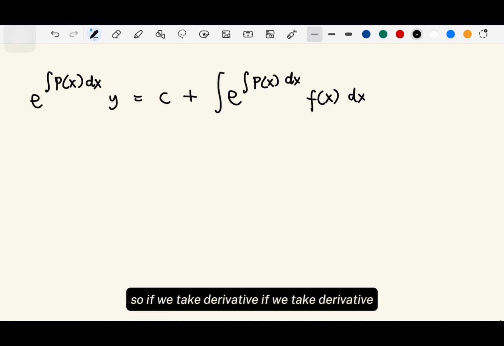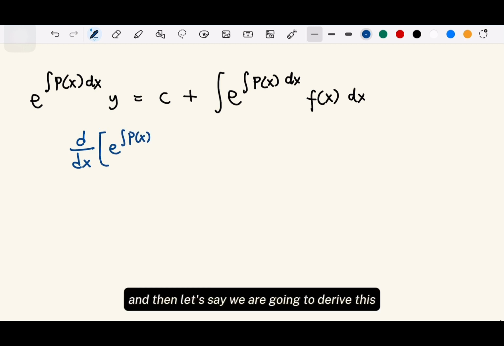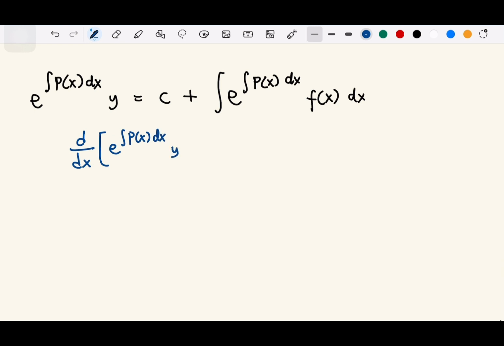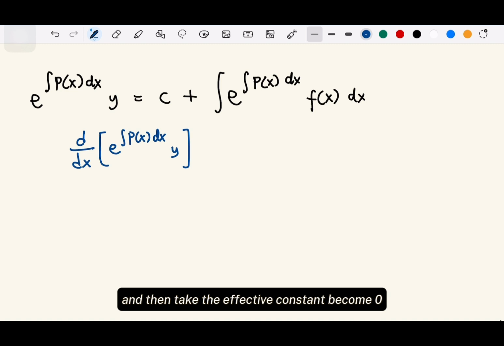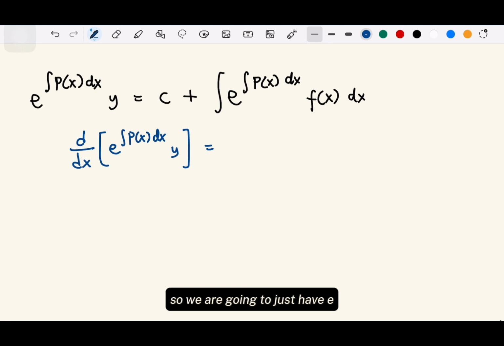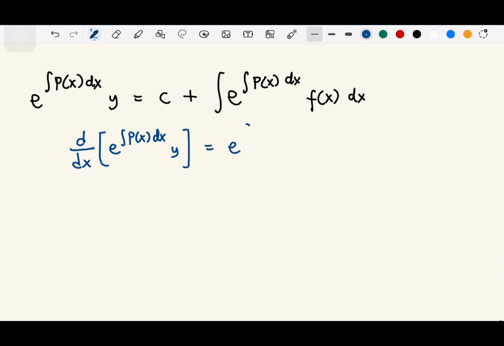So if we take the derivative, let's say we are going to differentiate this. And then take the derivative, the constant becomes 0, and the integral will be removed, right? So we are going just to have e.